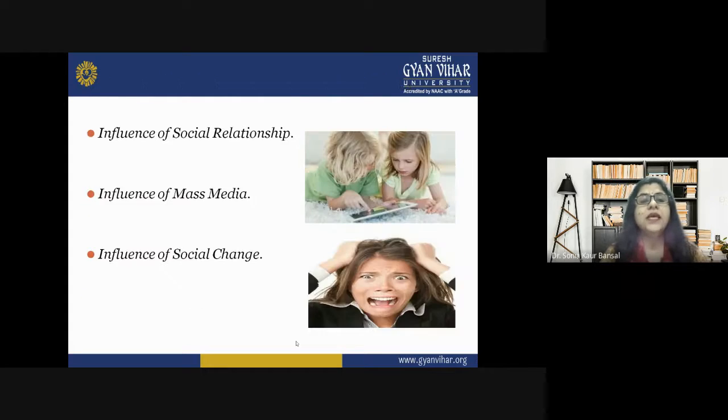So the next cause we can understand is the influence of social relationships. What kind of social relationship the parents have with the neighbors or relatives or anyone else, family, friends. This influences the child's behavior also. The child gets the message that okay, we must also do the same thing with others as my parents are doing.